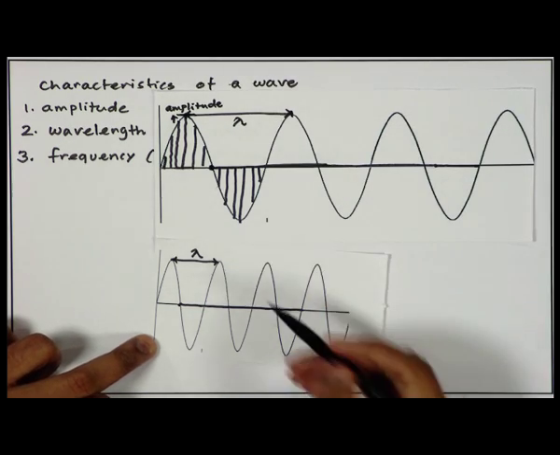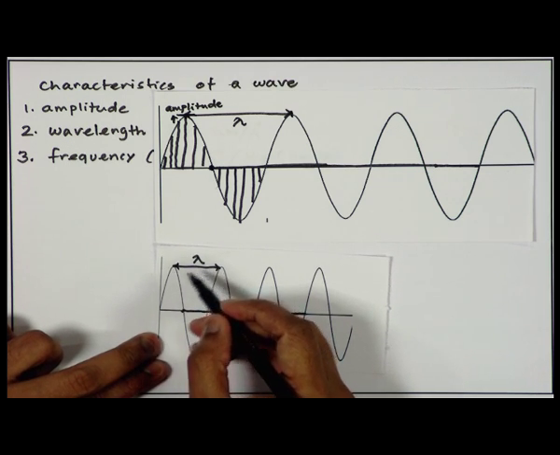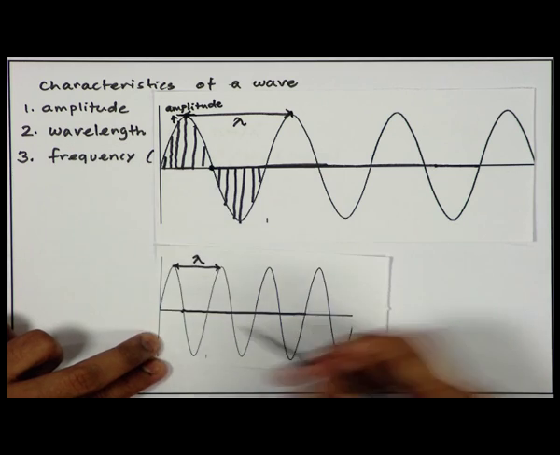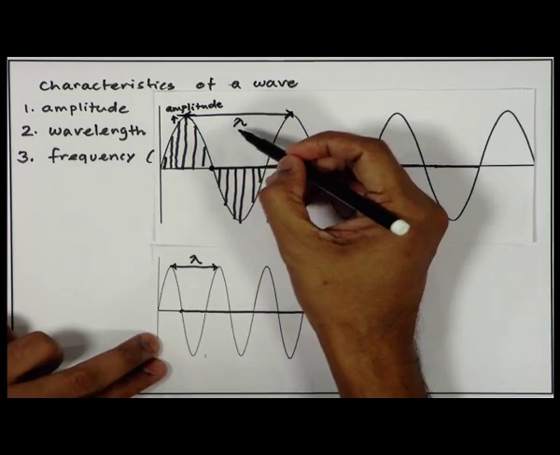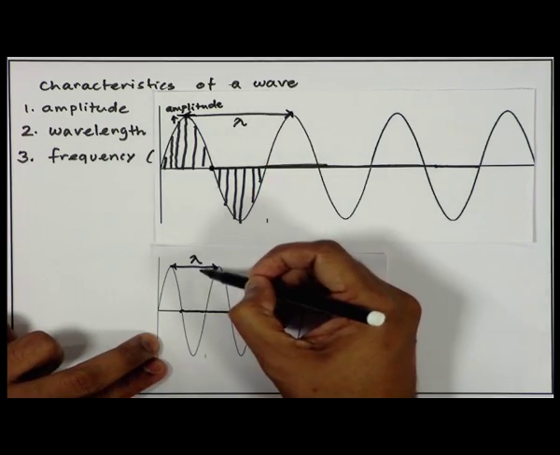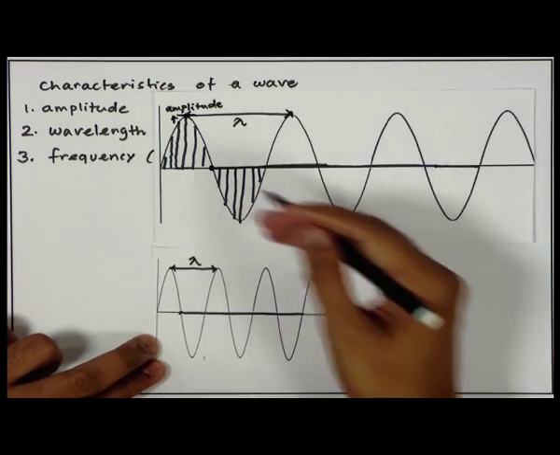So when my wavelength is small, the frequency is large. When my wavelength is large, the frequency is small.